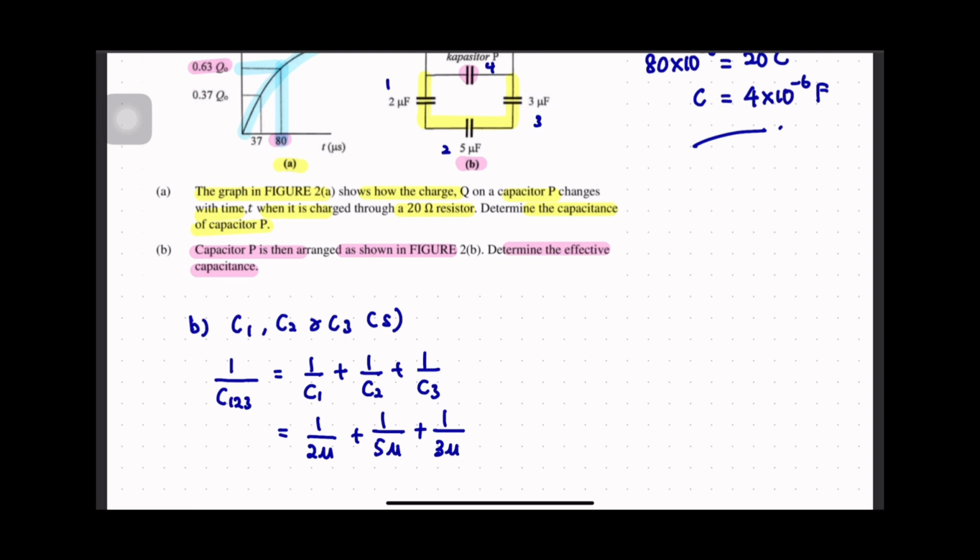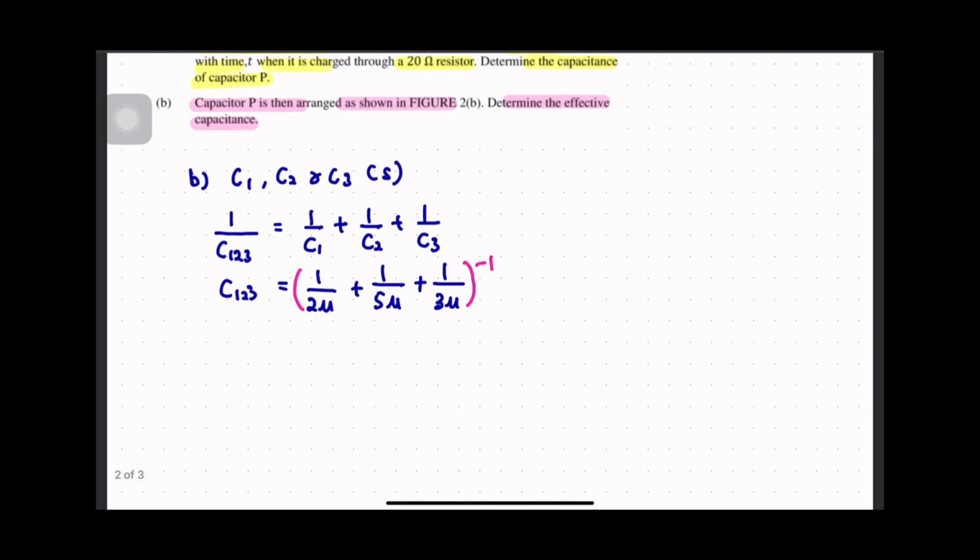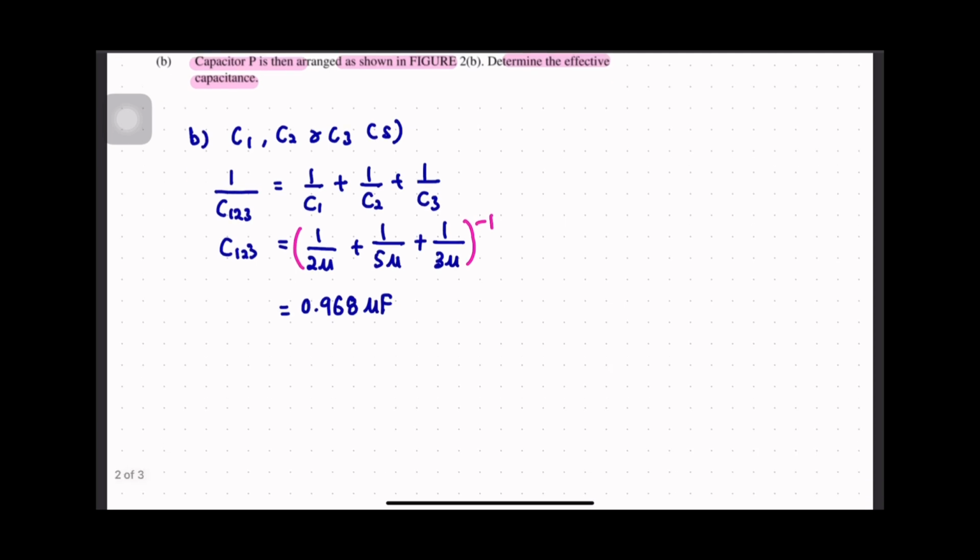Jadi C123, okay, so kurungan negatif 1. Okay, so kita akan dapatlah C123 is equal to 0.968 microfarad. And then jangan lupalah dapatkan C effective.